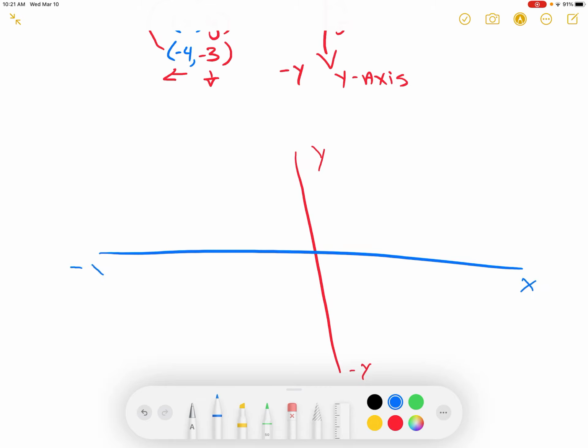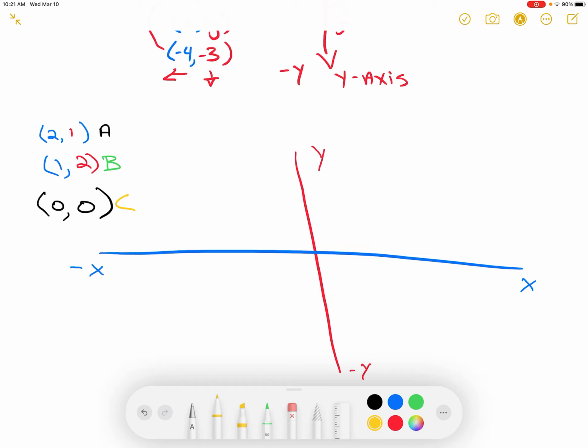So if we wanted to find the following points, let's say they are 2, 1, the point 1, 2, and let's go 0, 0. Let's see where those points are. Let's name the points. Let's say this is point A, this is point B, and this is point C.